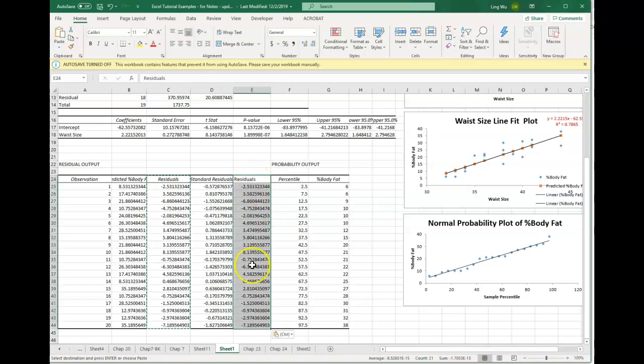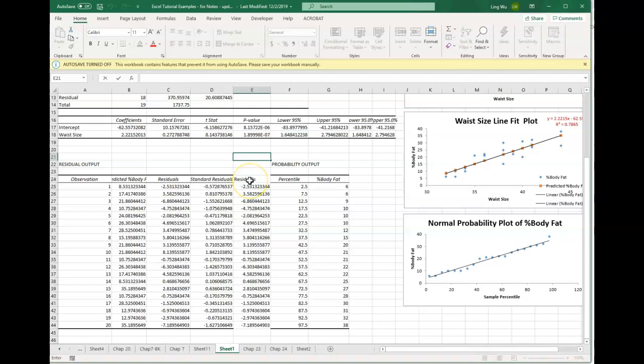Because we need to sort those values, I just change the color of this column so it's blue. Now we want to sort it, so change this into sorted residual.